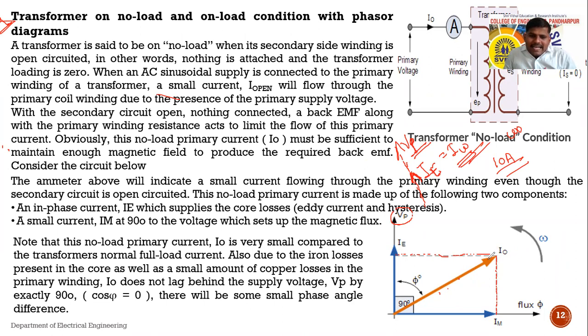Once we draw this diagram, we get one resultant. This resultant current, if it is drawn from the origin O, then we get the no load component of the current, that is I0. This I0 will lag behind the primary supply voltage by an angle phi0, but it is less than 90 degree.